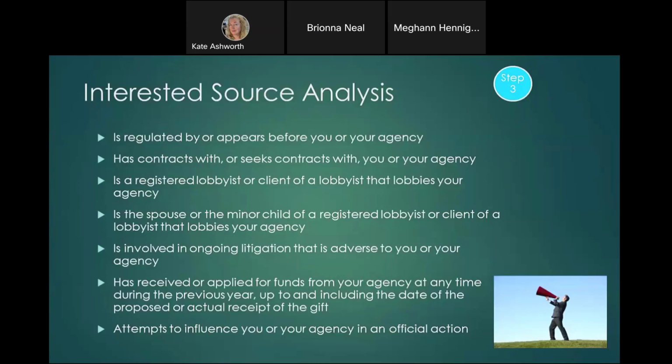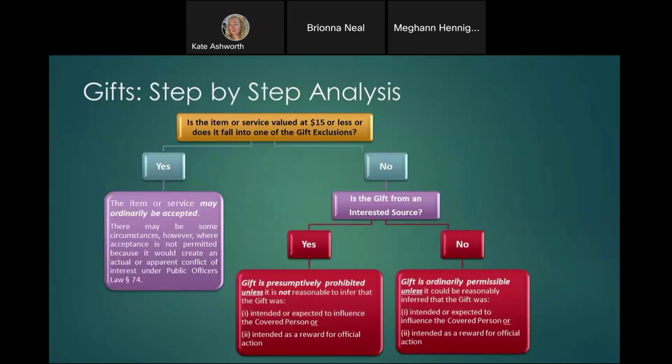All right, the next slide is our step-by-step analysis regarding gifts. Kind of puts all this in a nice conclusion. Is the item or service valued at $15 or less, or does it fall in one of those gift exclusions? If it does, so it's not a gift, it's an item of nominal value, or it's a gift exclusion, it's generally going to be okay to take.